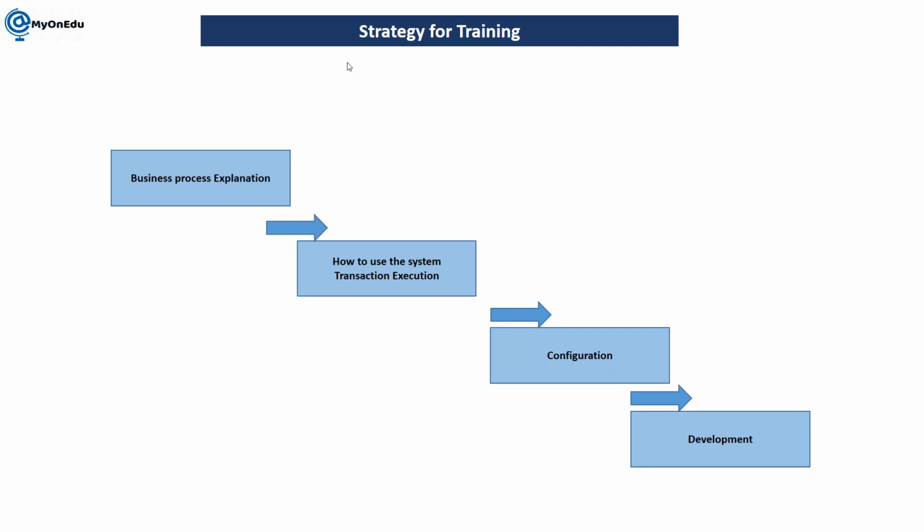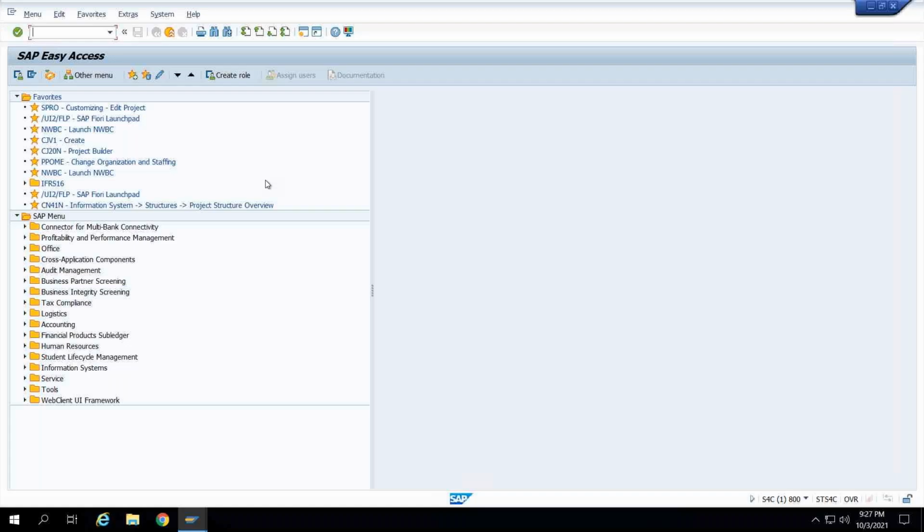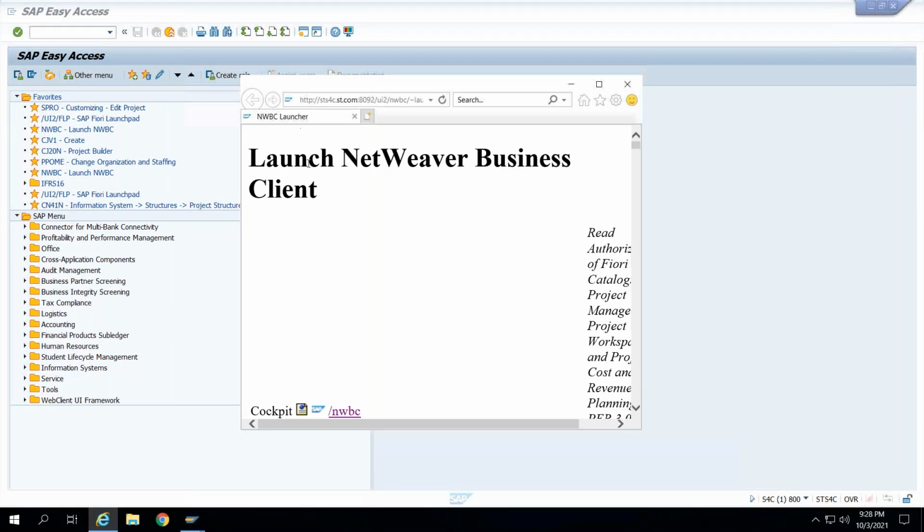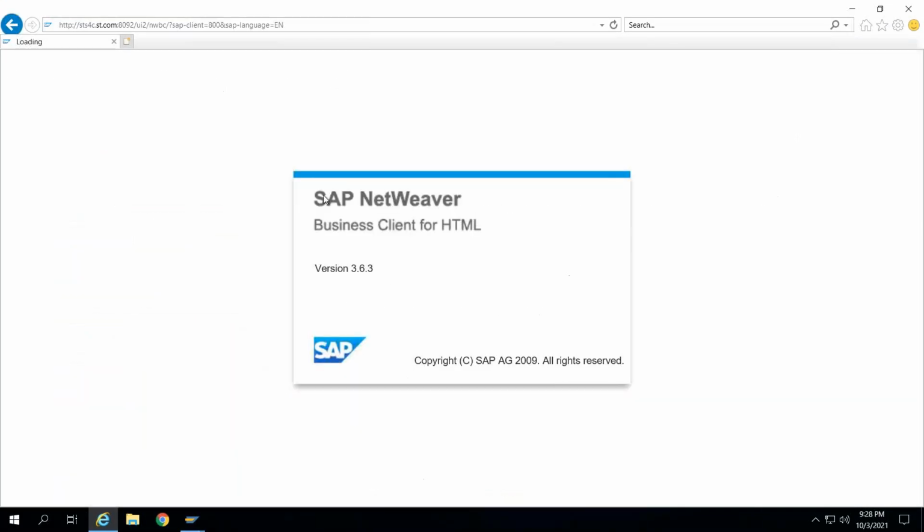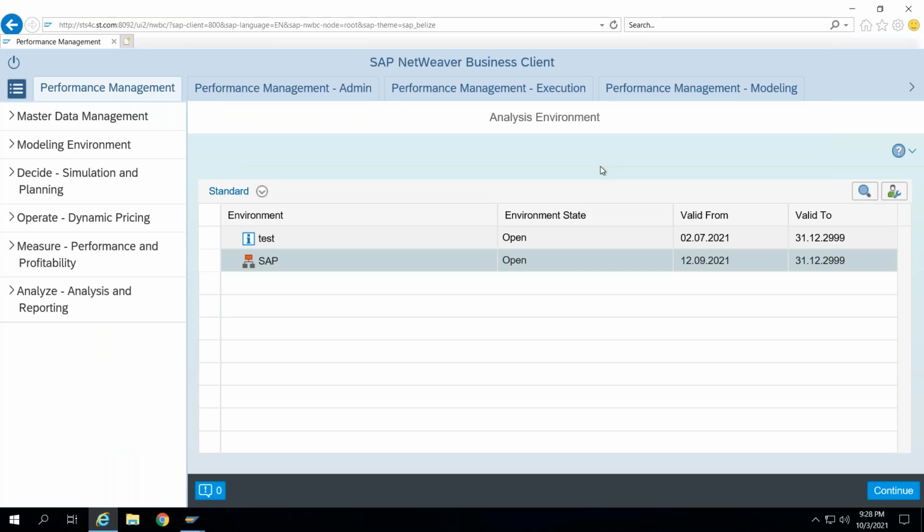Thank you. I want to show you the system also. This is our system, and this is a GUI here, but all the transactions will be executed through NetWeaver Business Client or Fiori apps. I'm connecting with the NetWeaver Business Client directly here, and you will perform all the transactions here.